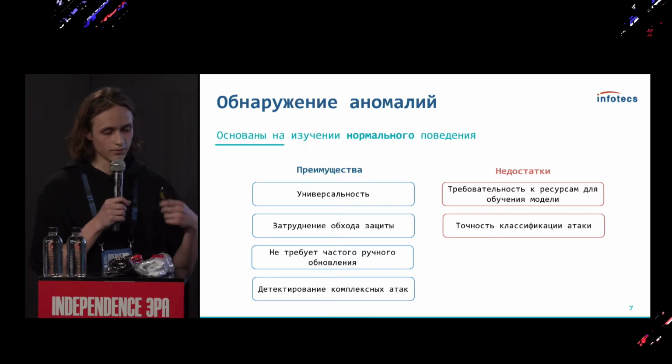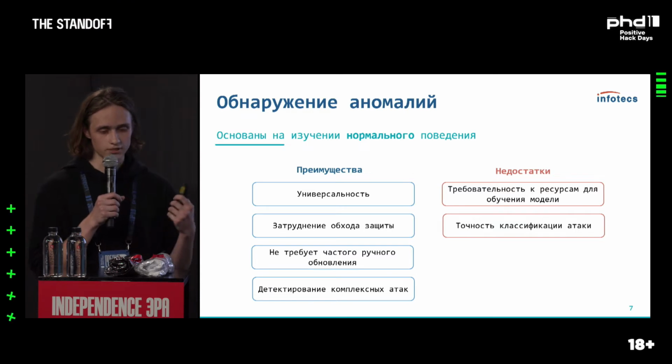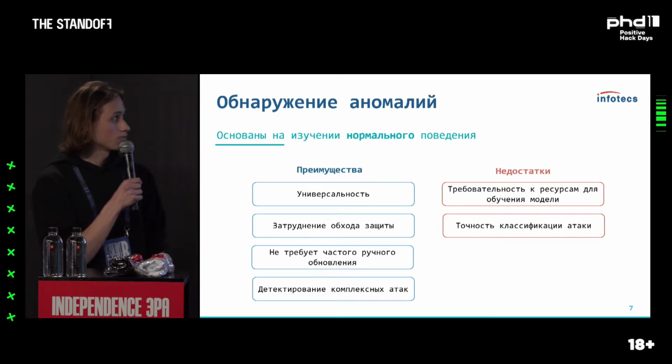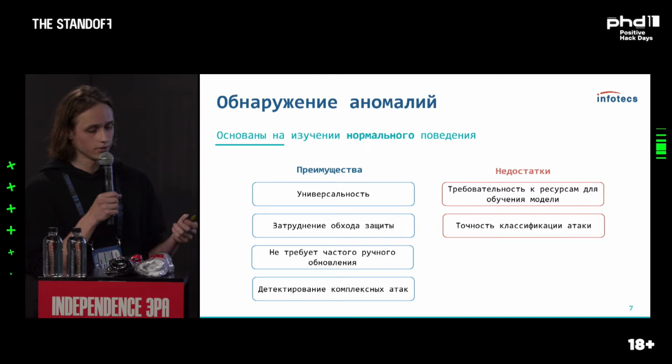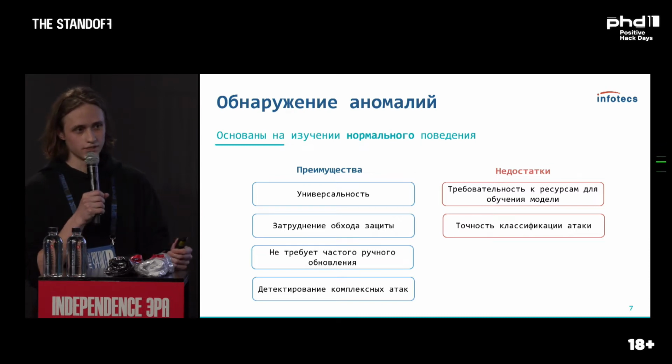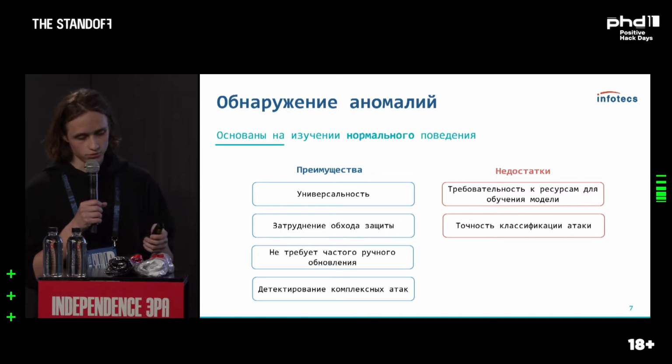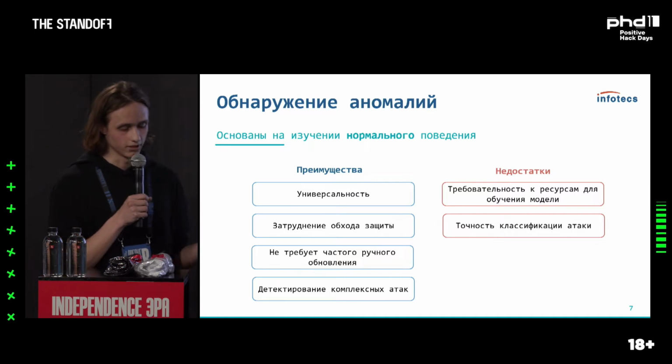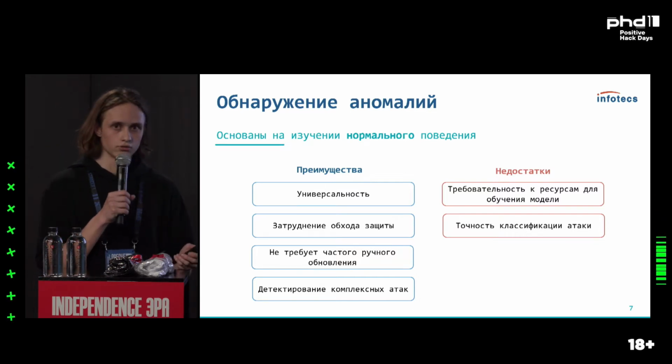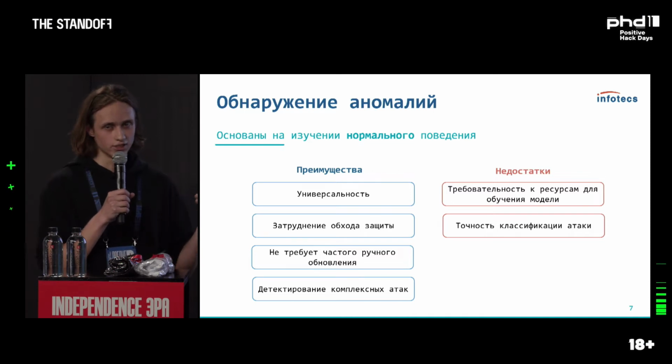Anomaly detection methods are based upon the normal behavior of the system, and they do not use the violations information at all. So such methods may become universal. These systems will always consider any deviation from the normal state a violation.